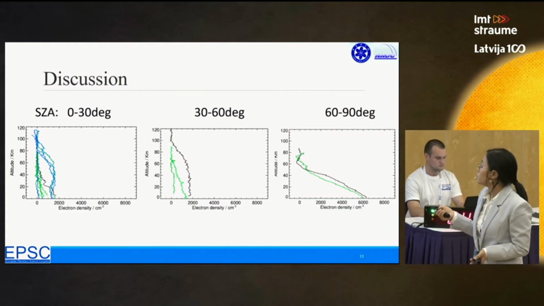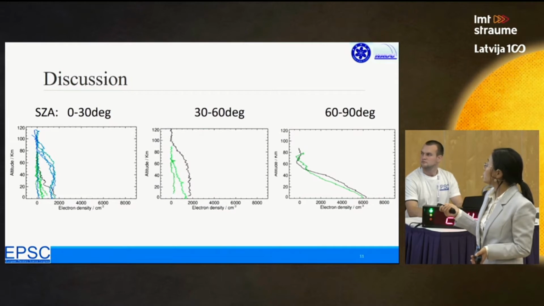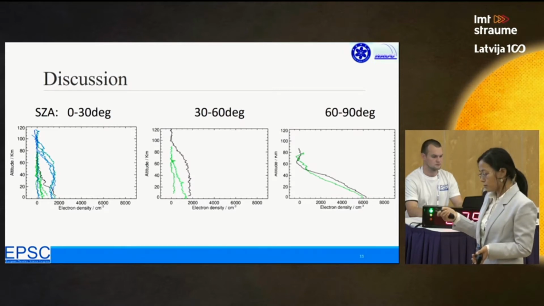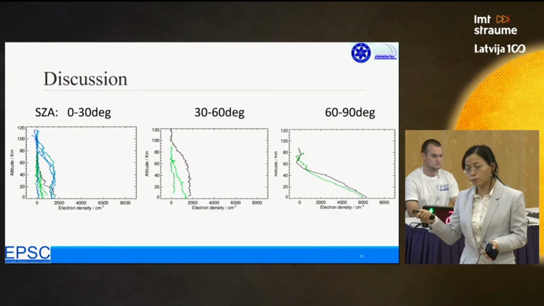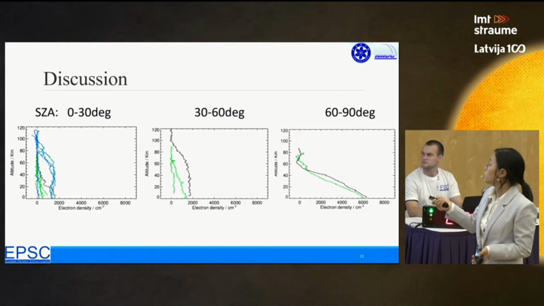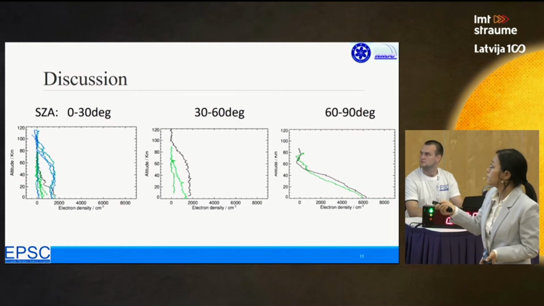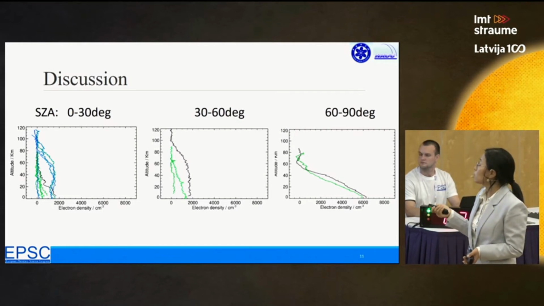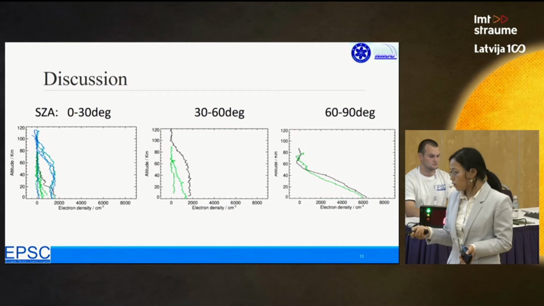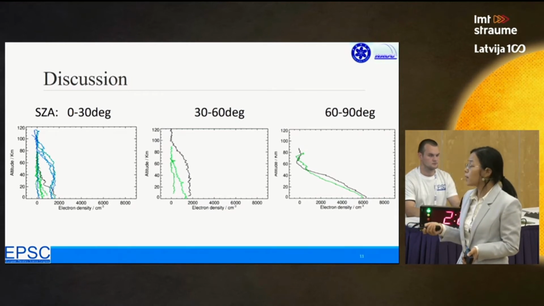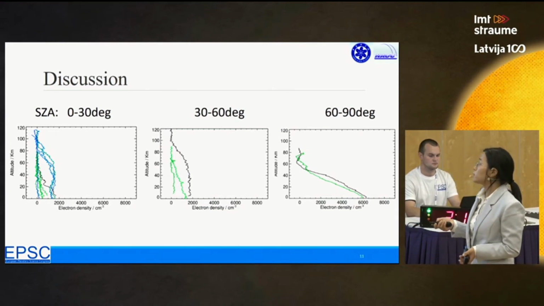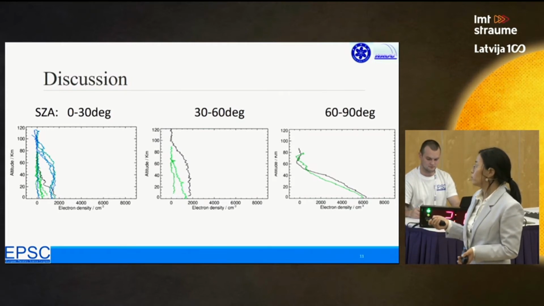So in this case, the maximum is around 6,000, but the highest altitude of the ionosphere is around 70 kilometers. In the daytime, the ionosphere is getting smaller than in the morning and the evening.